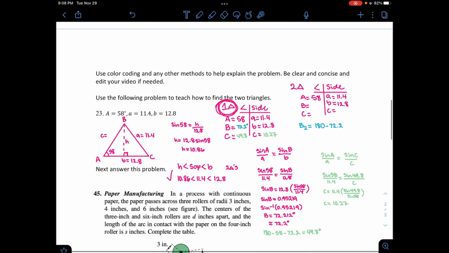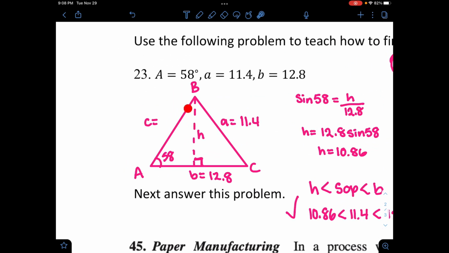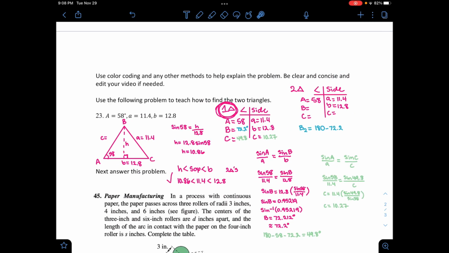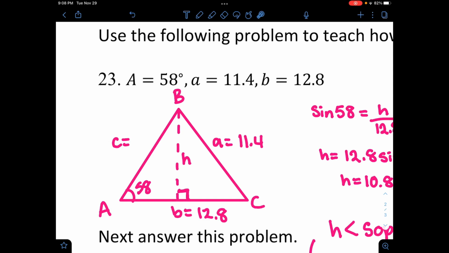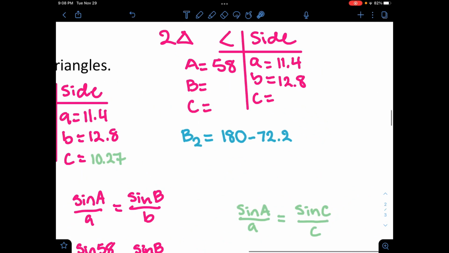The reason why we're doing that is because since this whole angle right here equals 72.2, we're trying to solve now for the other part of B. So let me plug it in. 180 minus 72.2 will be 107.8.